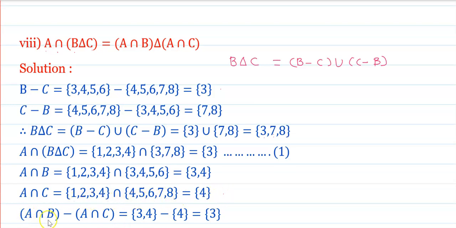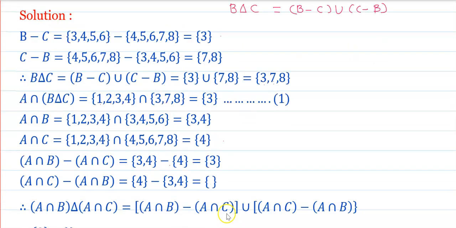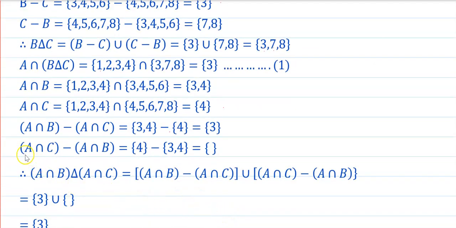Therefore, A intersection B minus, in second bracket, A intersection C. Okay. 3 and 4 minus 4, then you will get 3. Now the next is A intersection C minus A intersection B. If we find out this, that is 4 minus in curly bracket 3 and 4. 4 will get cancelled, then you will get the empty set.